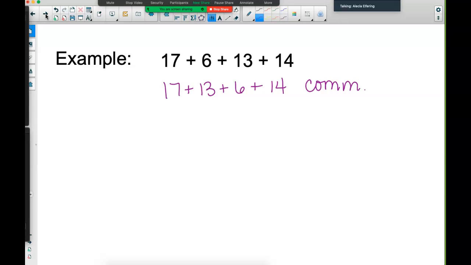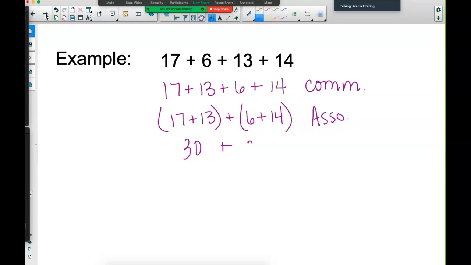So really, he didn't only switch the order, he also is mentally grouping some of them together. 17 plus 13, he grouped together. 6 plus 14, he grouped together. That's the associative property that lets us do that. And then we have 30 plus 20 by just substituting, which is 50.